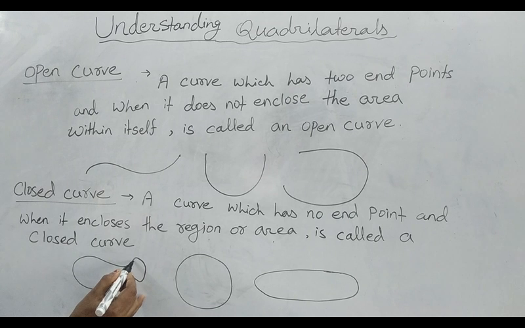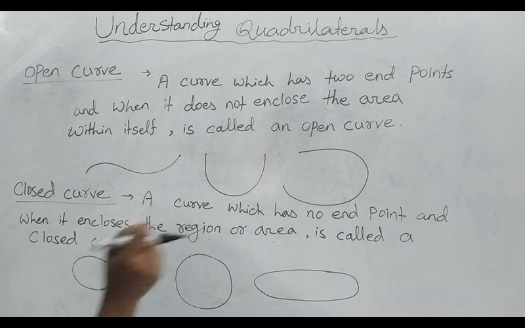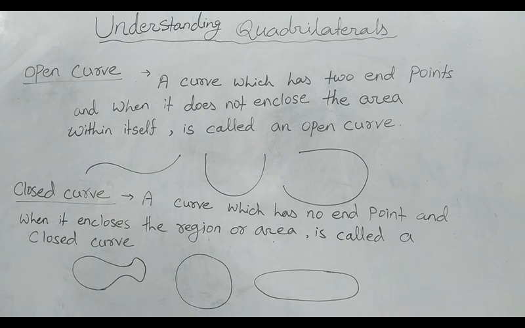Suppose that we start our drawing from this point without lifting your pen or pencil, and again reach the same point where it finishes, then we get a closed curve, and this figure has no end point. Since these three curves have no end point and all three have some area inside them, they are said to be closed curves.